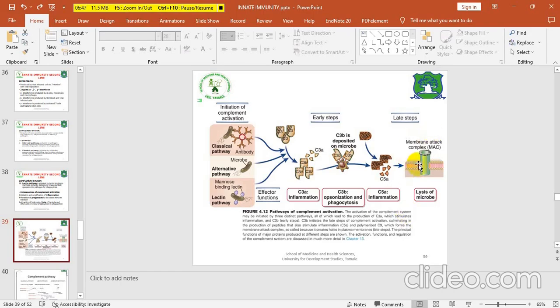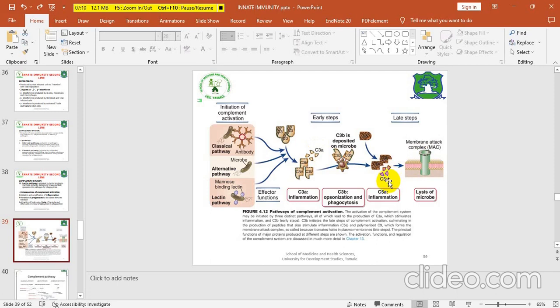So you can see this is the cell membrane. There is a membrane attack complex produced by these pathways, the mannose lectin binding pathway, that led to the total destruction. So now the steps for the destruction are: first, C3a will mediate inflammation, that also fights the organism.